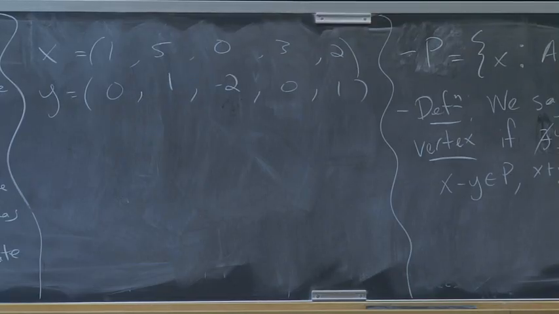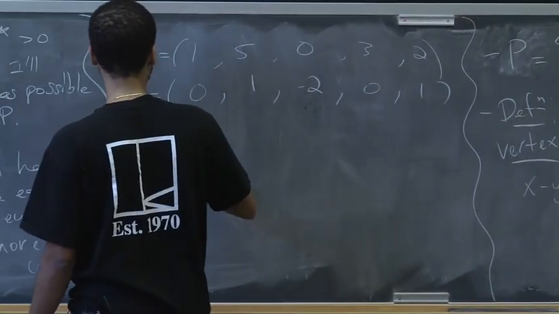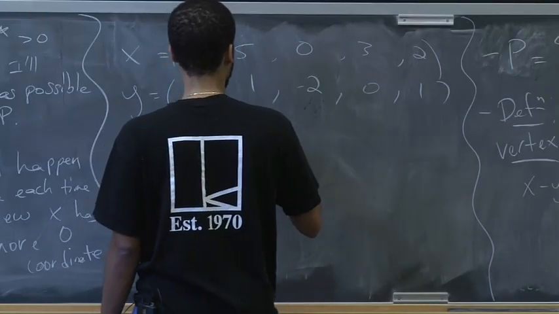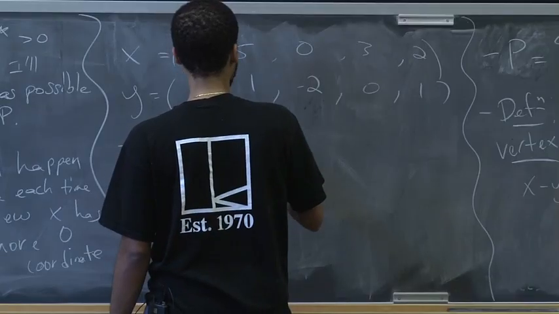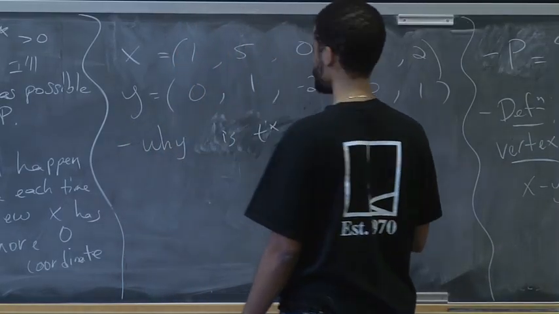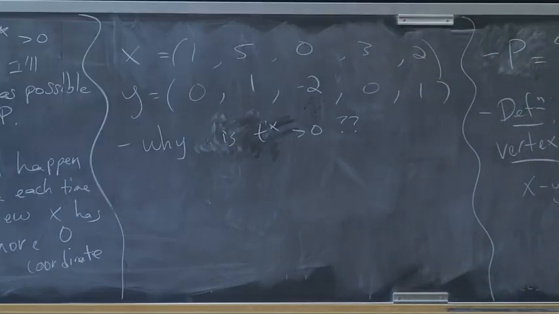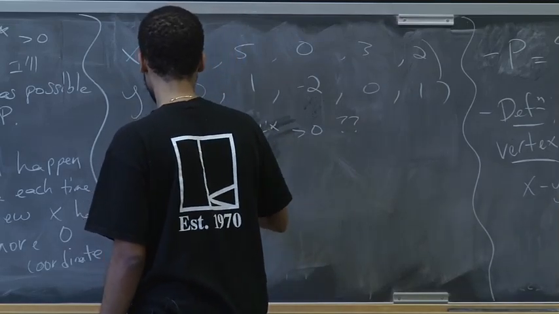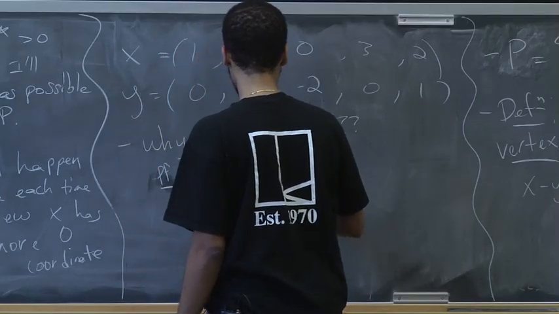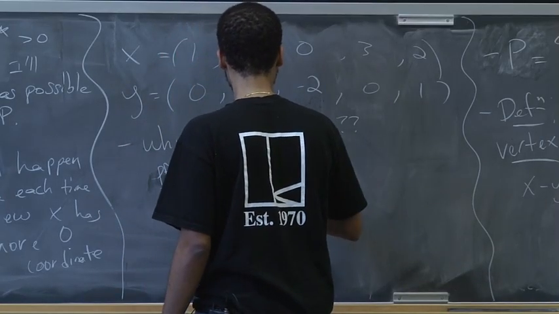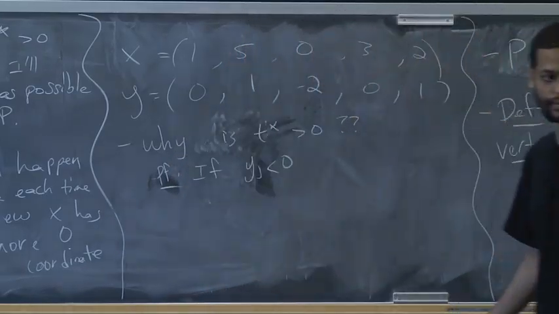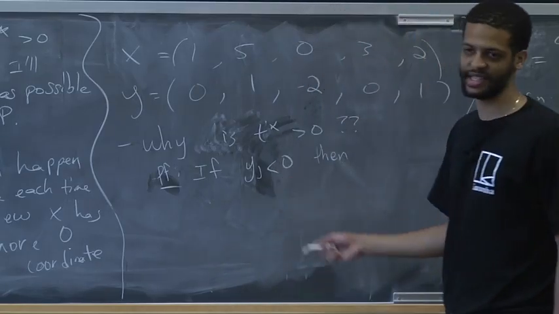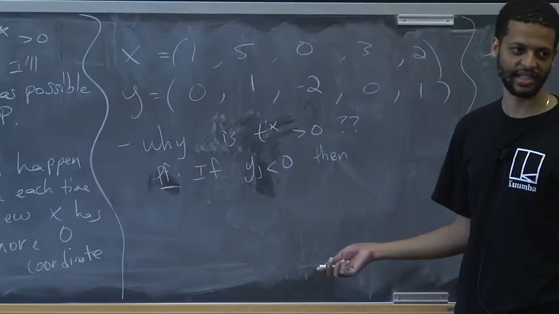So maybe I should have said this a little clearer. Why is t star strictly positive? So the proof: if yj is less than 0, then it means it's not 0. So that means xj is not 0 either.